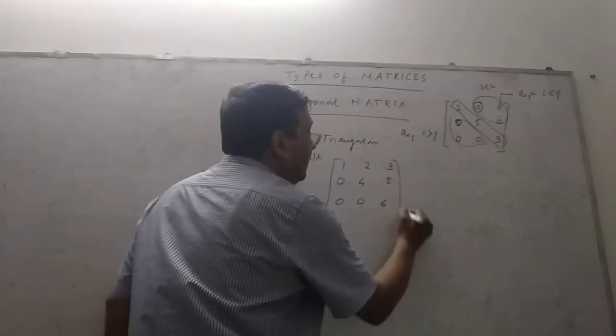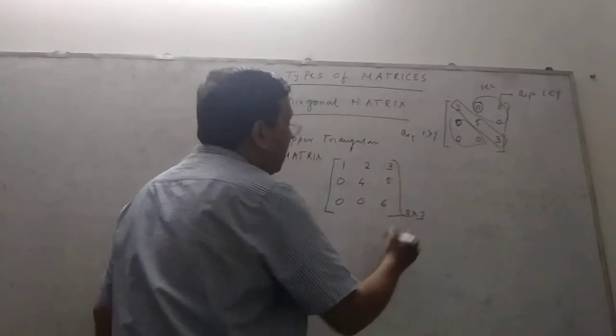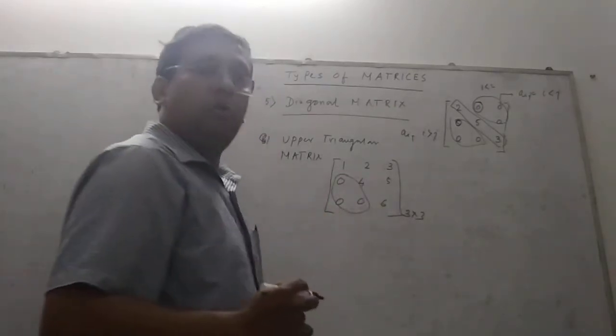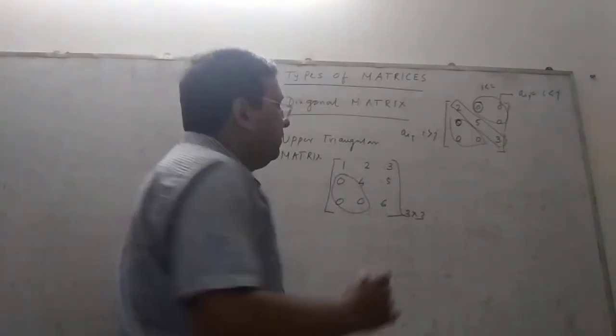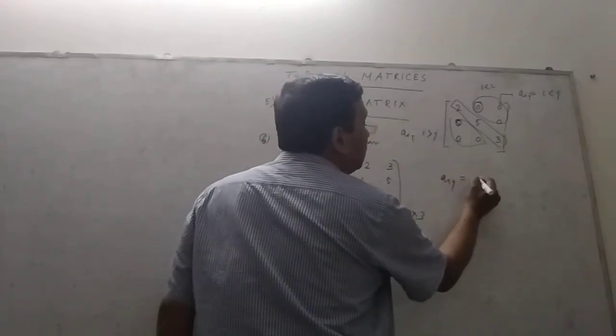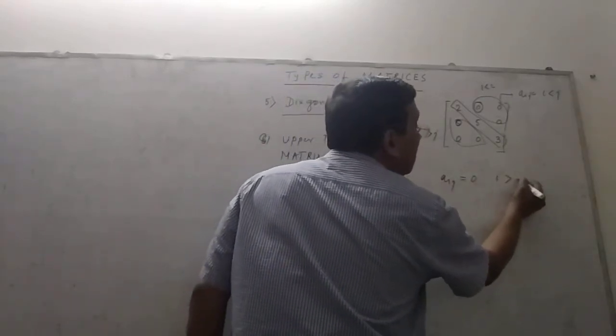That means it's a 3 by 3 upper triangular matrix where these elements are 0. These elements being 0 means Aij is equal to 0 when i is more than j.